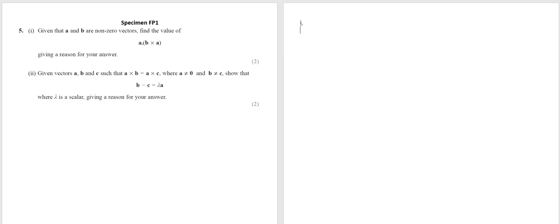To start with, we need to understand what it means to find the dot product of a vector with the cross product of some other vector with itself. So A dot B cross A. And to do that, we need to understand what the cross product does. The cross product between non-zero vectors gives a vector perpendicular to both.